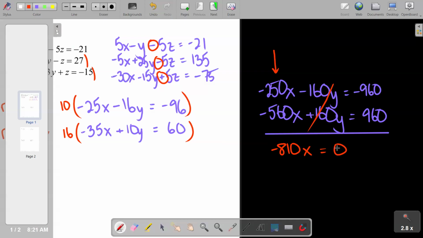And as you know, when you divide both sides of this by anything, you're going to get X equals 0. It's the only possible solution to that equation. So we now know that 1/3 of our answer is done. We know the answer is 0, comma, blank, comma, blank. And so who do we have to find next?